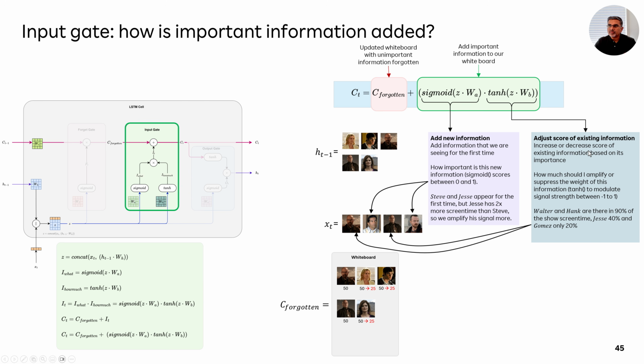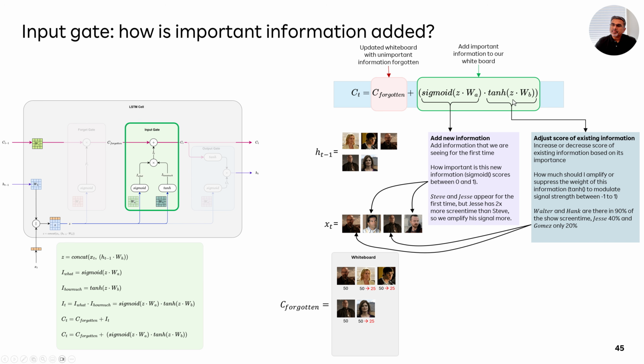And tanh is a great way to amplify it or suppress it, based on this function of tanh, which takes any number, however large or however small, and squashes that between -1 and 1. So it's a great way to modulate the signal strength of individual characters that are there in our long-term memory. So that's essentially what is happening over here.